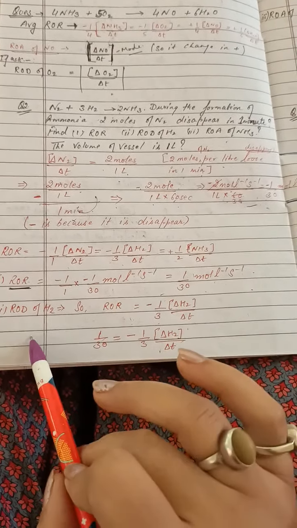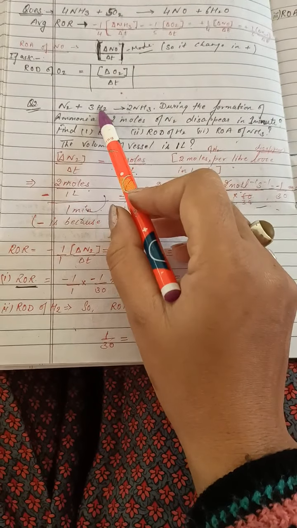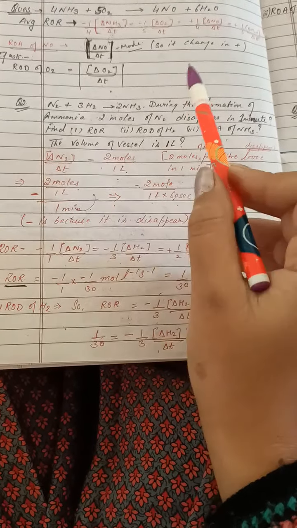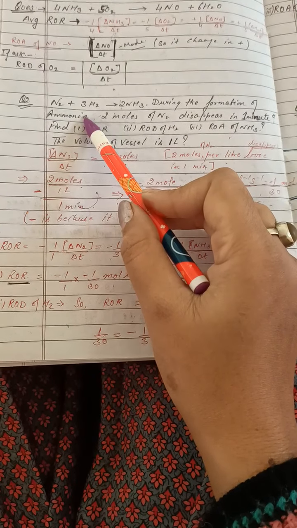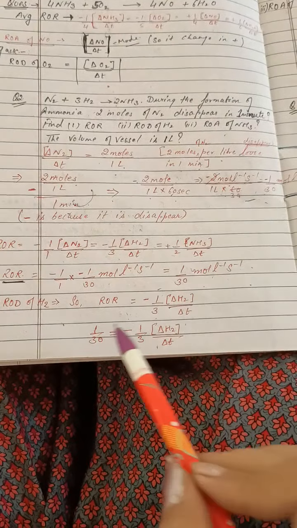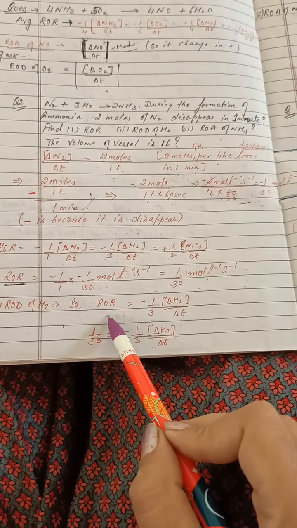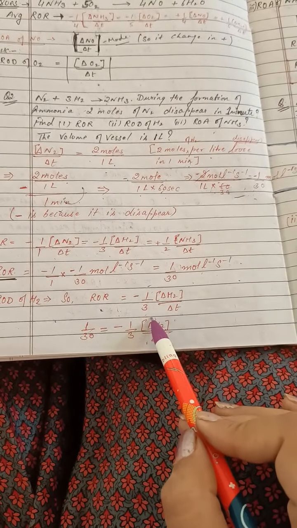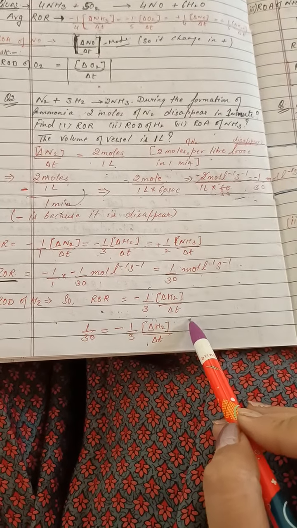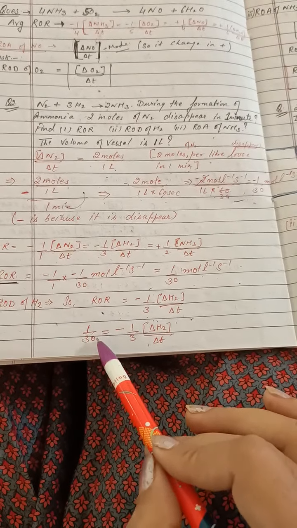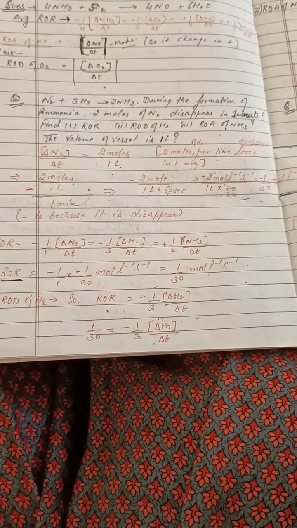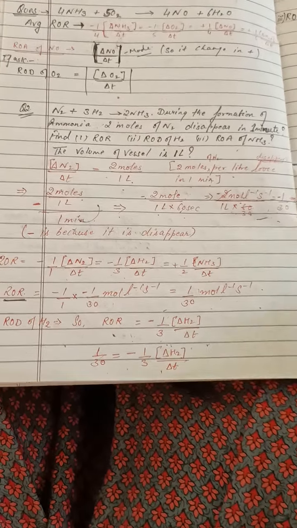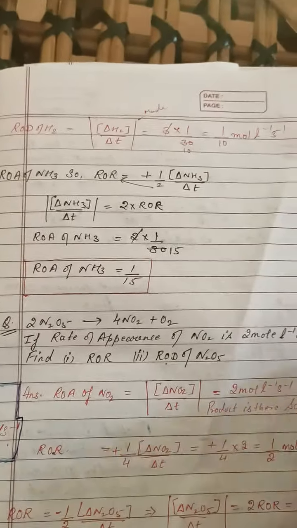Now rate of disappearance of hydrogen. In the reaction we have 3H2, which means 6 atoms of hydrogen are present. To find the rate of disappearance, first we write the rate of reaction, which is minus 1 upon 3 delta H2 upon delta T. Now the rate of reaction 1 upon 30 is equal to 1 upon 3 delta H2 upon delta T. This is the equation we have made in this question.